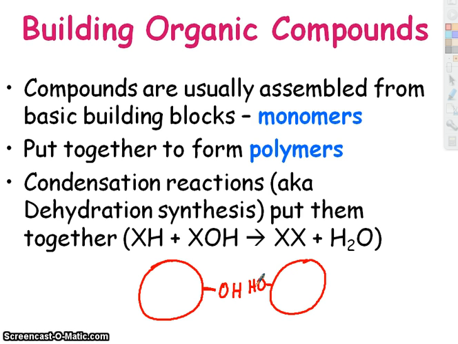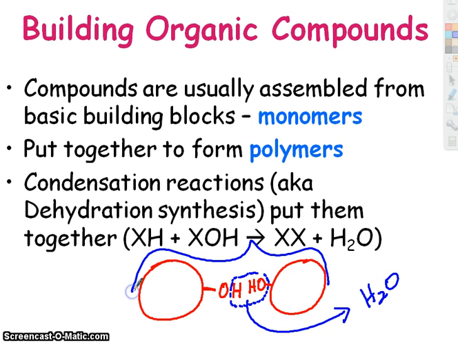And what basically ends up happening in a dehydration synthesis reaction is that the H from one of these and the OH from the other are going to combine and leave as water. And what's going to be left will be this and this now chained together. So it's called a dehydration synthesis because this sort of becomes dehydrated. It loses water in order to hook together.